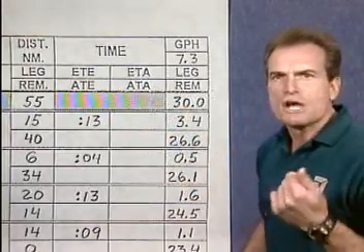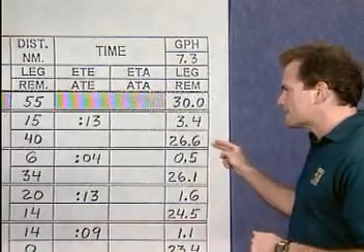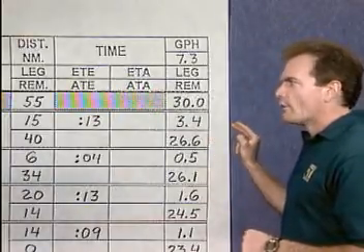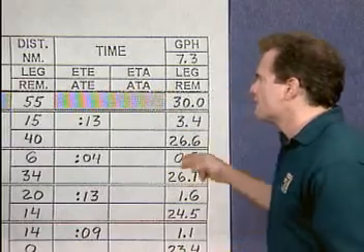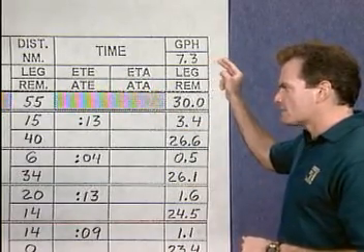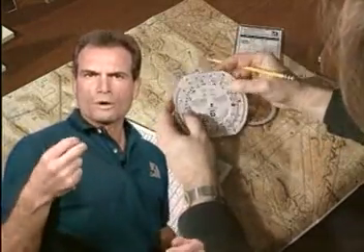Well, that leaves 26.6 gallons, and with our fuel flow of 7.3 gallons per hour, and we get out our trusty flight computer and calculate, our fuel on board is about 3 hours and 39 minutes, plus the 13 minutes for the climb, or 3 hours and 52 minutes.